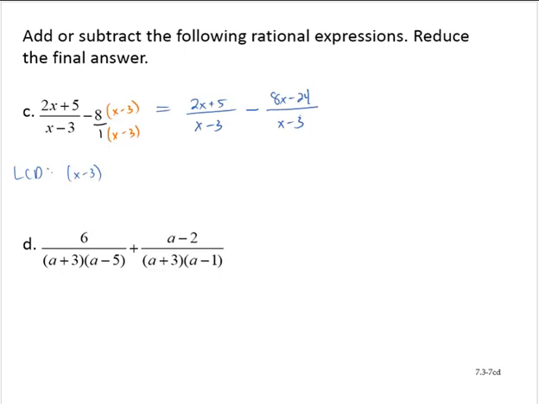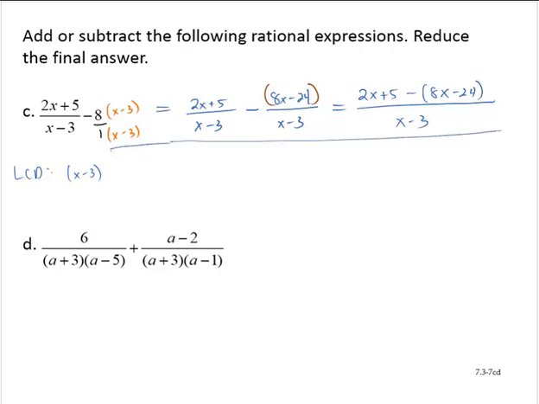Now remember, when we're subtracting, we need to put parentheses around that second numerator. So this gives us equivalently 2x plus 5 subtract the quantity 8x minus 24 over x minus 3, which is equivalently 2x plus 5 minus 8x plus 24.